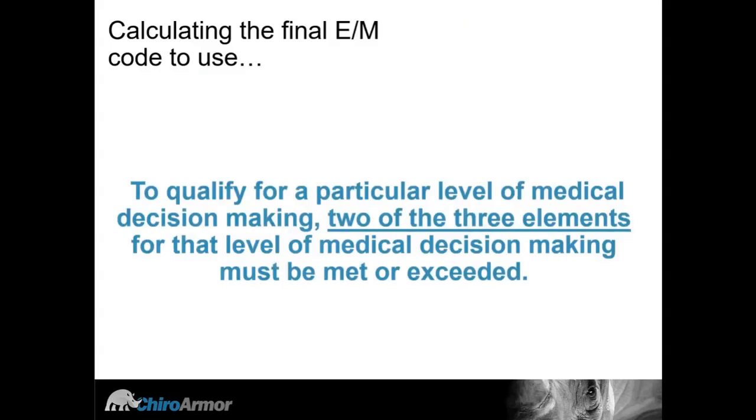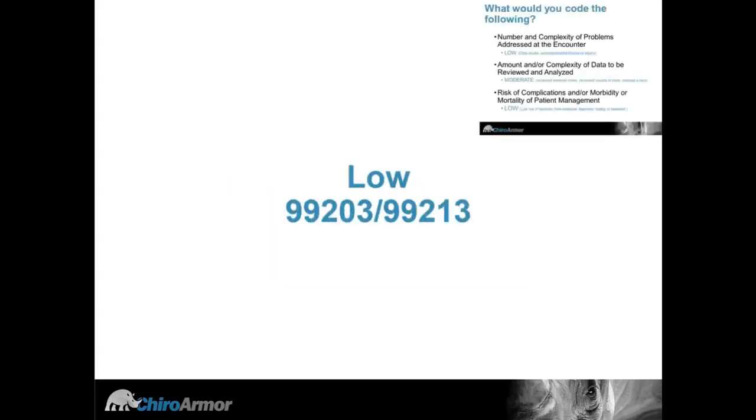Well, to calculate that final E&M code, to qualify for a particular level of medical decision making, 2 of the 3 elements for that level of medical decision making must be met or exceeded. And so as we think about the number and complexity of the problems being low, the amount and complexity of the data being moderate, but the risk of complications being low, 2 of the 3 being met is low.